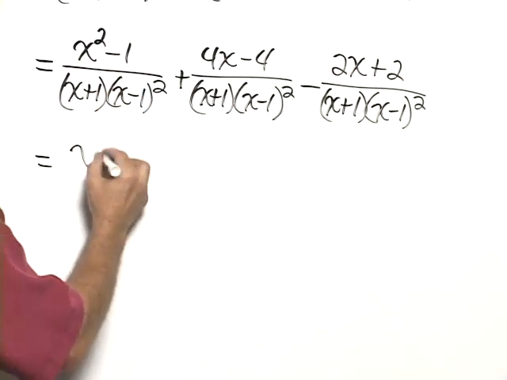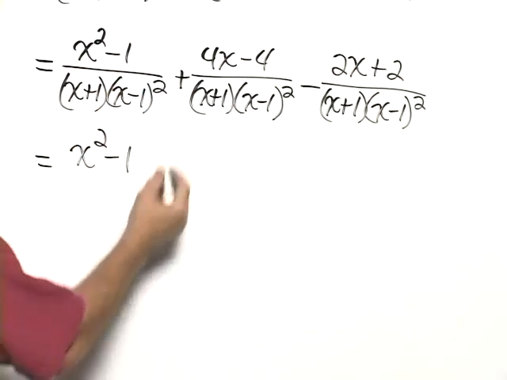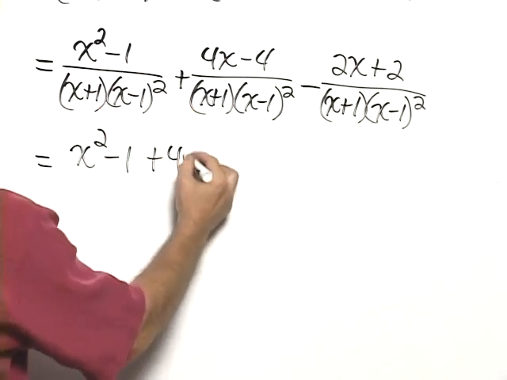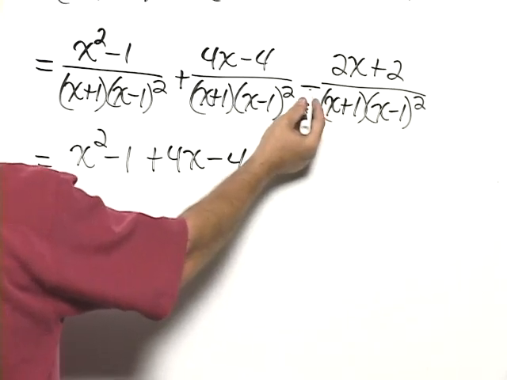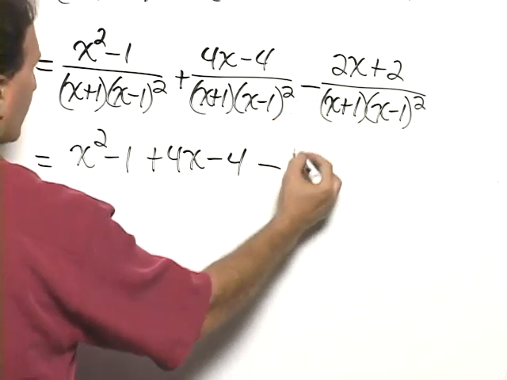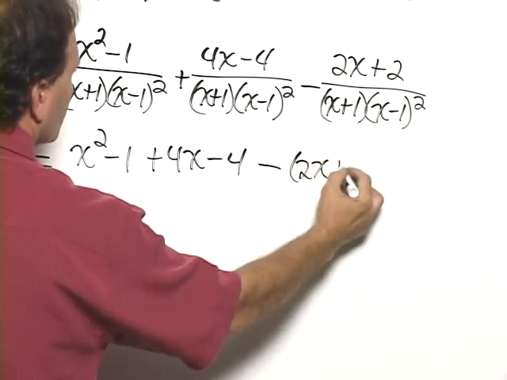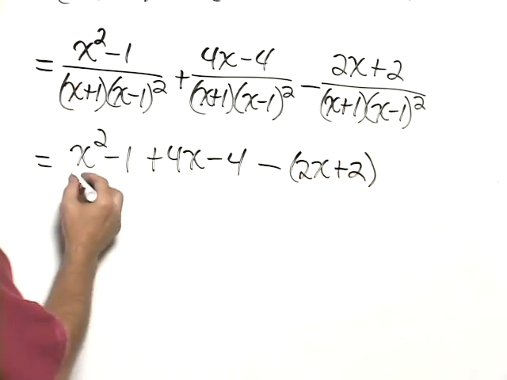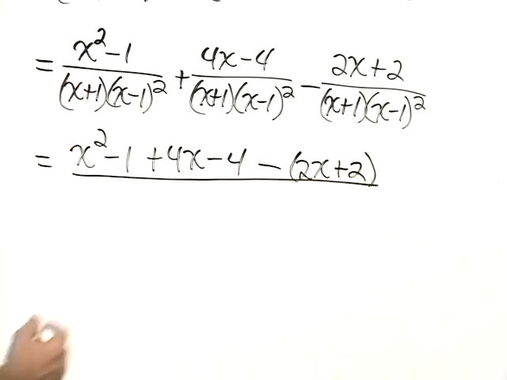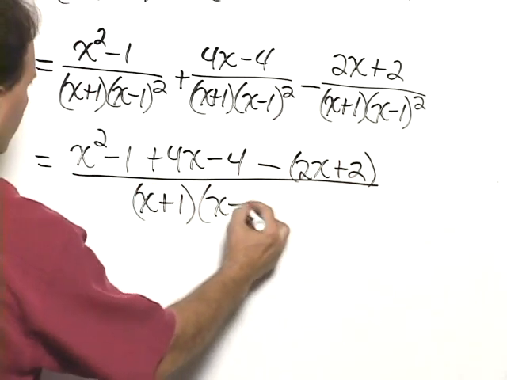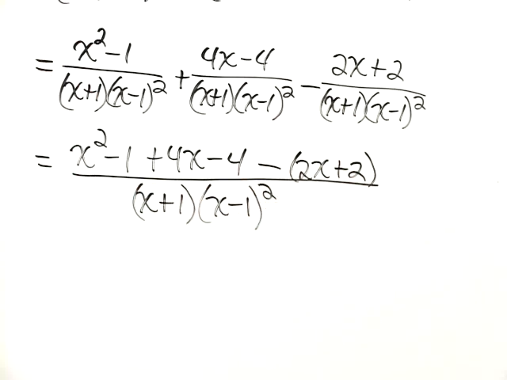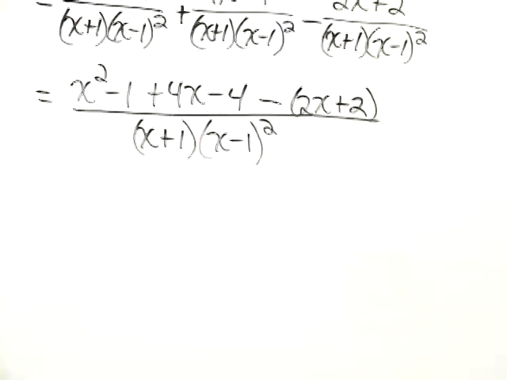Now let's combine the numerators. We have x squared minus 1 plus 4x minus 4. But now we have minus, and I'll put it in parentheses, 2x plus 2, all of that over the common denominator of x plus 1 times the quantity x minus 1 squared.